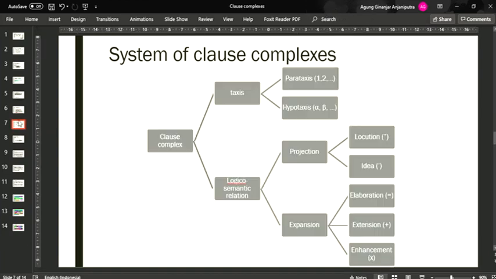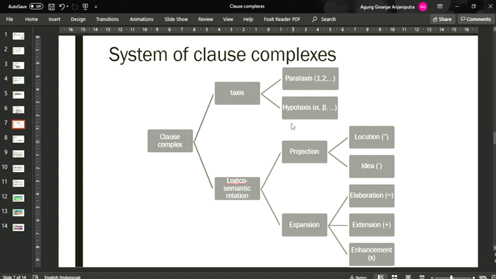The first one, see this graph or this figure, clause complex. There are taxes, parataxis. In parataxis, we use numbers 1, 2, 3, and so on. In hypotaxis, we use alpha, beta, gamma, and so on.